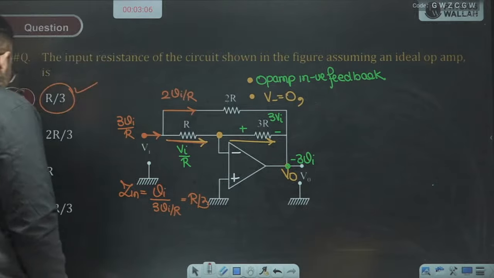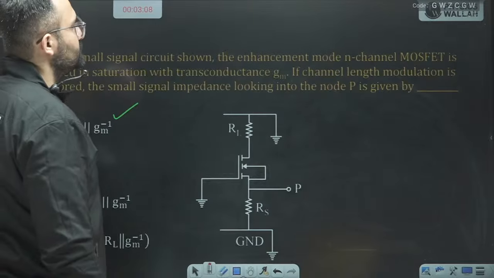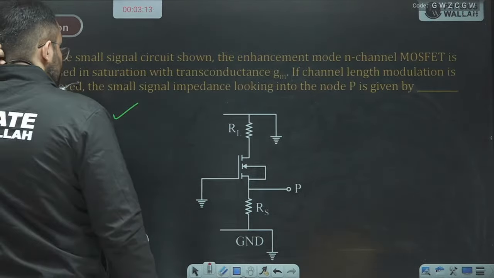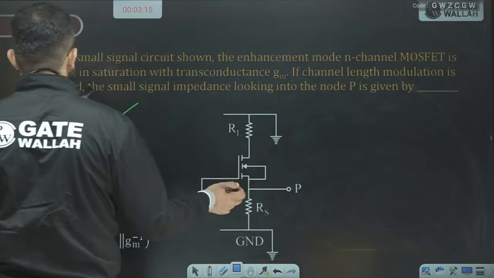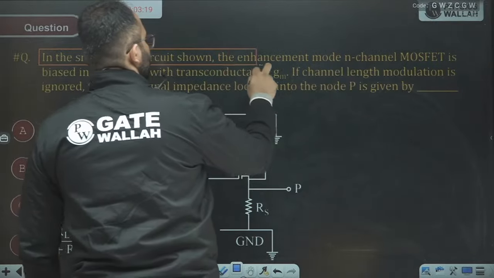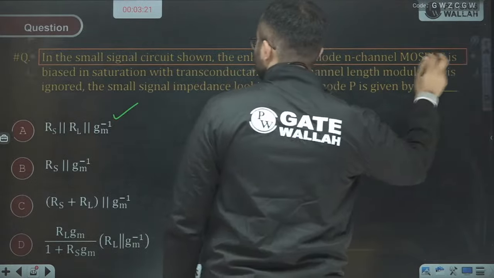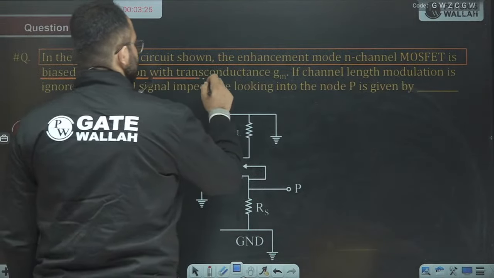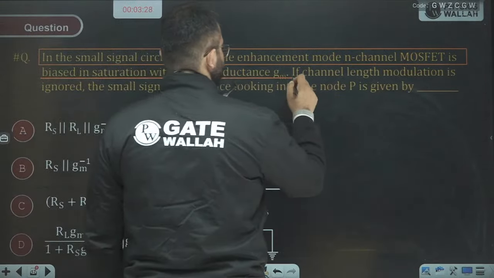Okay, great. Now let's see this question also. It's a very simple question. In the small signal circuit shown, the enhancement mode NMOS is biased in the saturation mode with transconductance of GM.